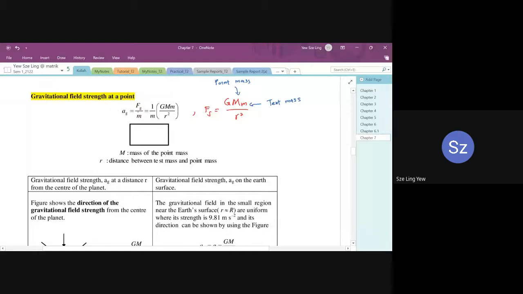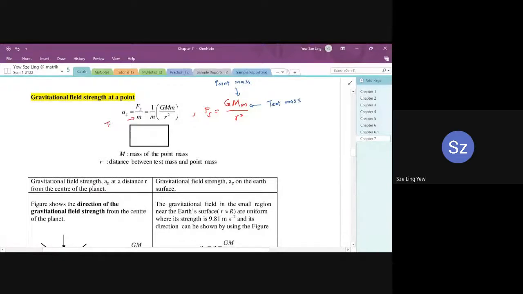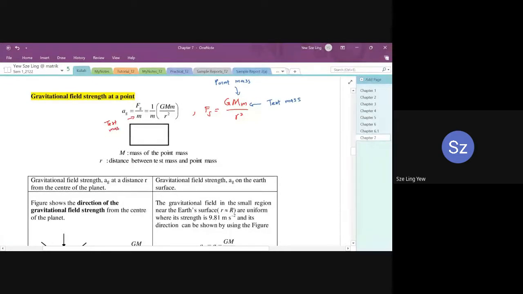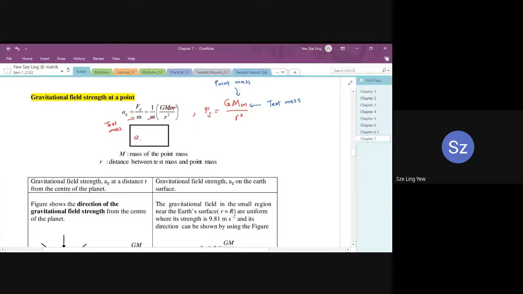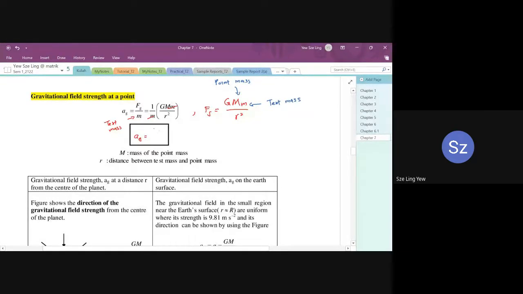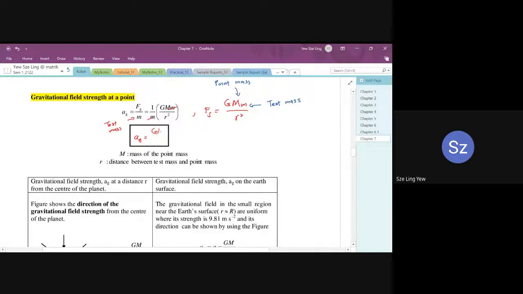So ag equals Fg divided by test mass, which equals 1 over m times GMm over r squared. If you look at this equation, the test mass is cancelled out. So ag at the same time equals GM over r squared.